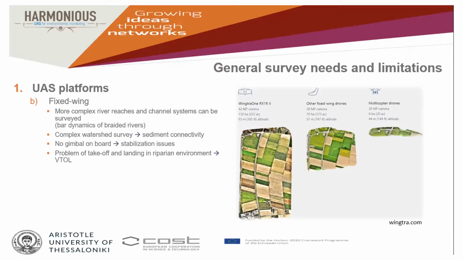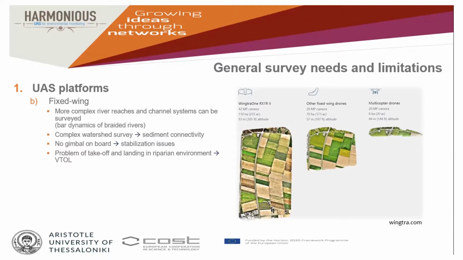The traditional fixed wings needed a hard landing, and also a large path to take off, and with complex or dense riparian vegetation, it's almost impossible to do that without any damage.